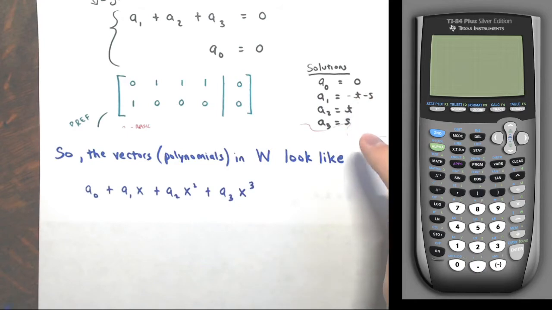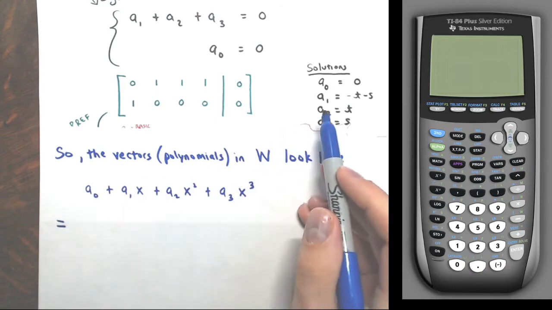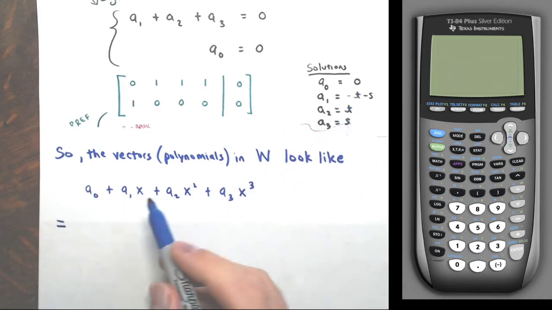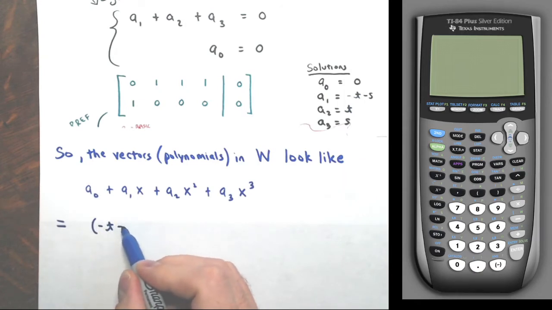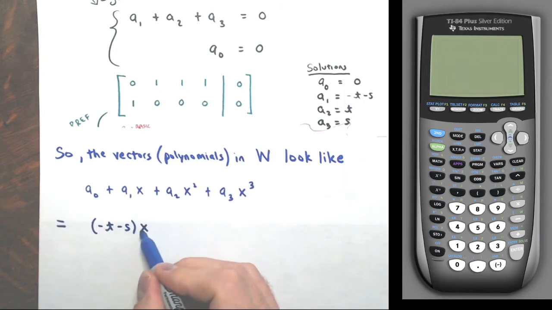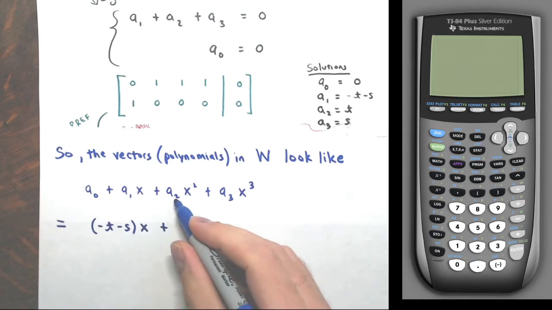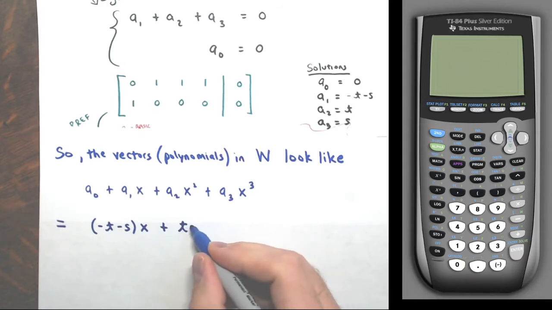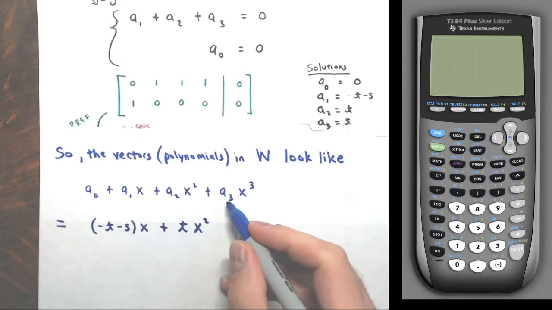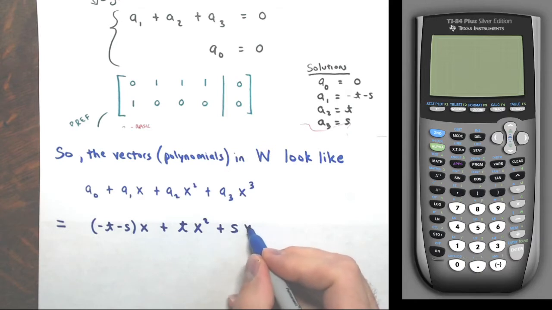So I make all these replacements. This would be equal to a0 is 0, plus a1 is negative t minus s times x, plus a2 is just t times x squared, and a3 is s, so plus s times x cubed.